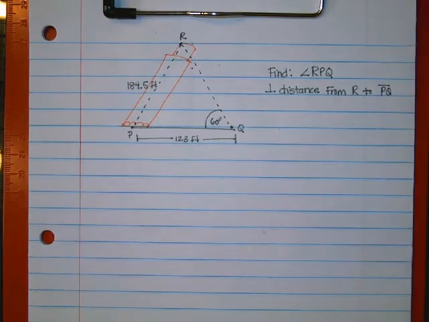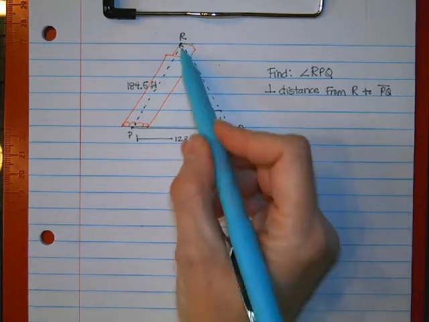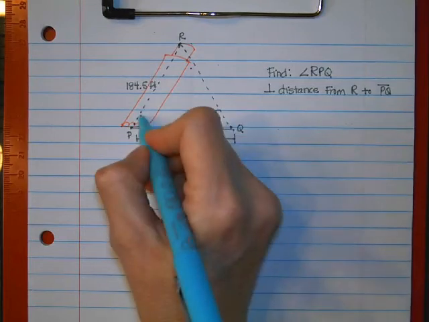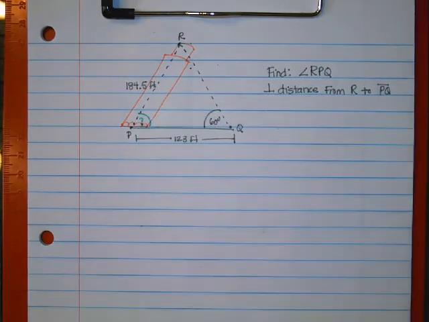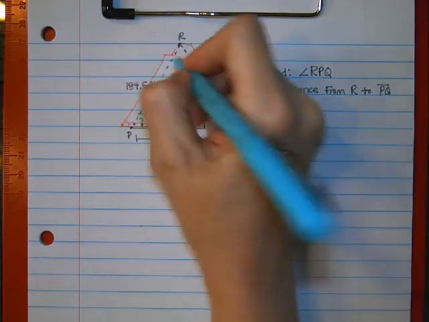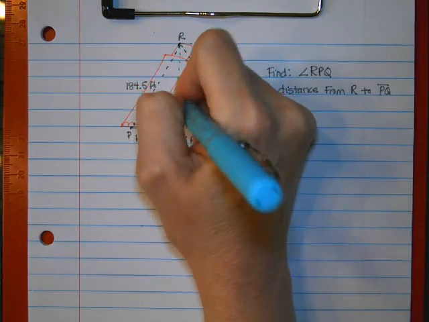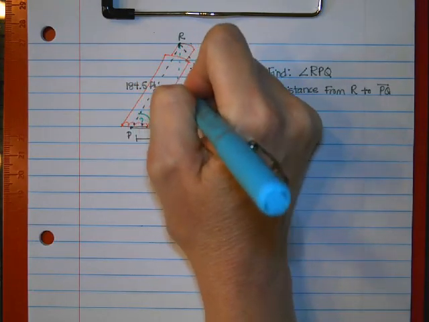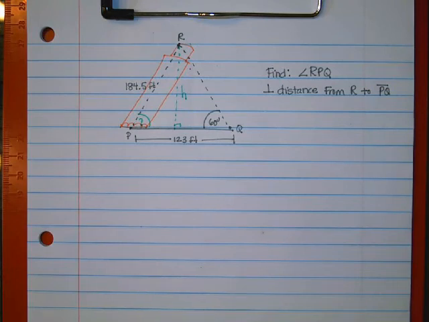So these are the two things we're looking for. So we're trying to find angle RPQ, that's this angle right here. And they want us to find the perpendicular distance, which means that's our height that we're being asked to find.